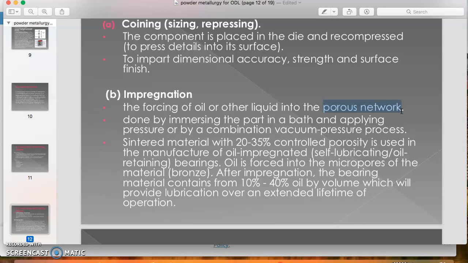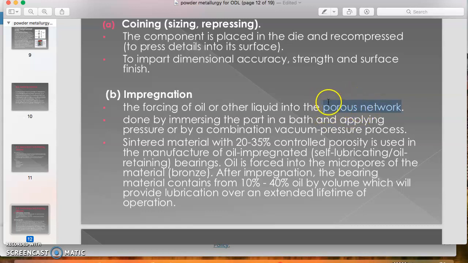If we look in very fine detail using the microscope, we can see the grain of the microstructure of the powder metallurgy part. There are small pores, many pores inside the part. So that's why we call it a porous network.